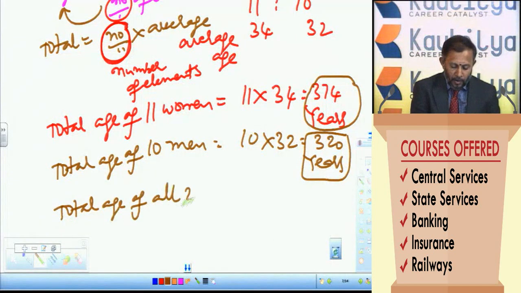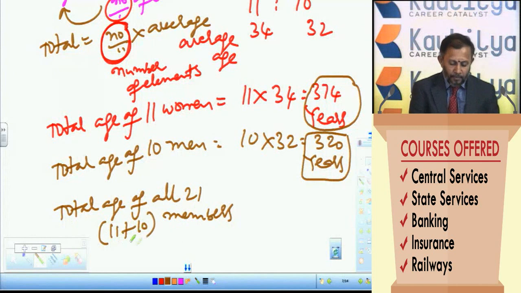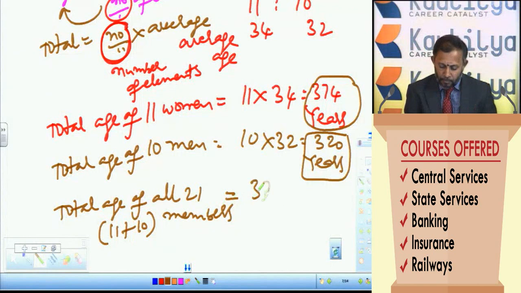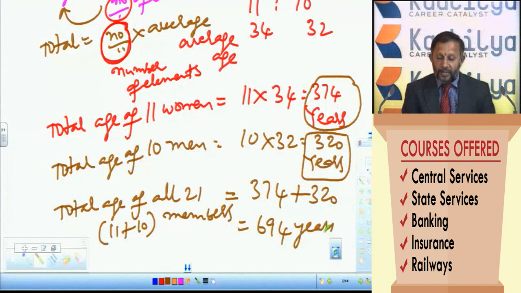Next we have to write the total age of all 21 members. So in bracket 11 plus 10, 11 members female category, 10 members male category, 21 members is equal to, we have to add 374 and 320, that is 694 years, you have to mention it.